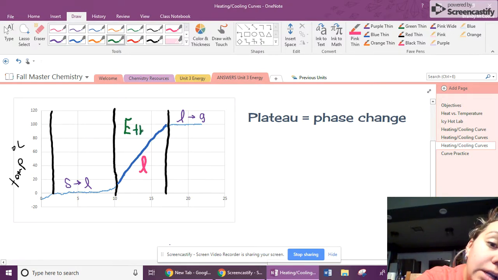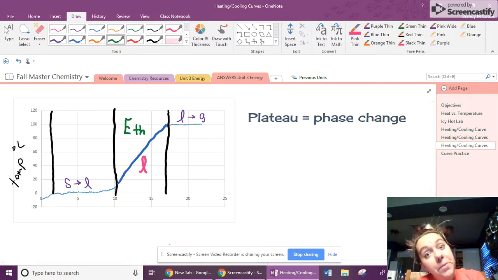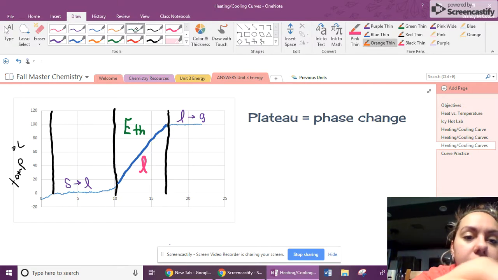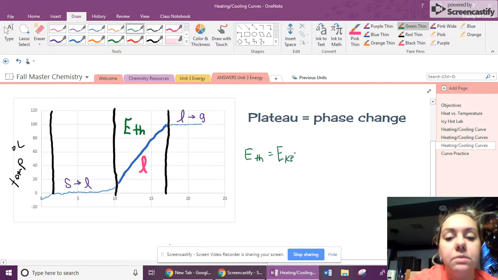And if you have your reading still or your notes, thermal energy is energy that's stored as particle movement. And that makes sense here because the particles are moving faster. So thermal energy, we say, is the same as kinetic energy because it's movement.